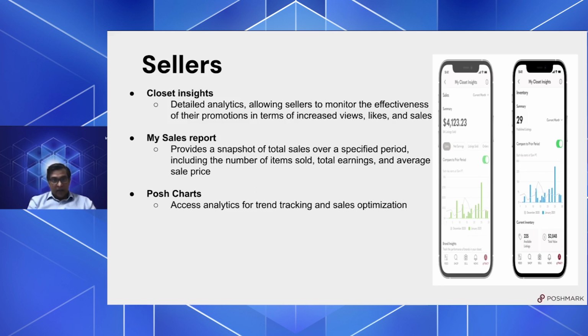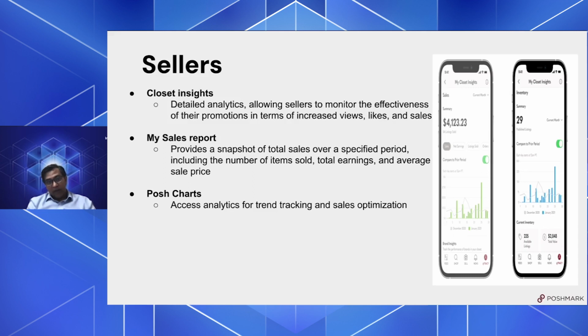For them, we support that with 1P ads, and through the 1P ads solution, they can see how their closet, which is a store on our platform, is performing, how many new users are coming to their closet, how many views a particular item has gotten, how many likes, and how many sales they are getting. All of that is available through their closet insights.